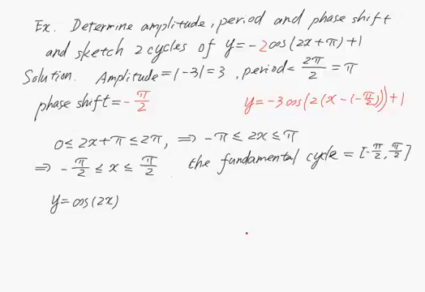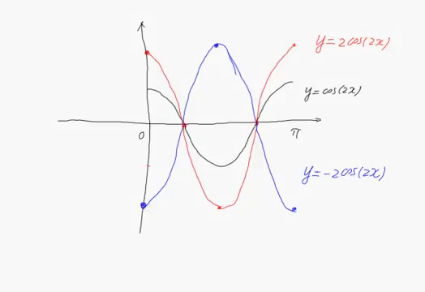So now let's go to the rectangular plane. So we need to shift this graph to the left by half pi. So this is the pi, right? So this is half pi. We need to shift this blue curve to the left by half pi units.